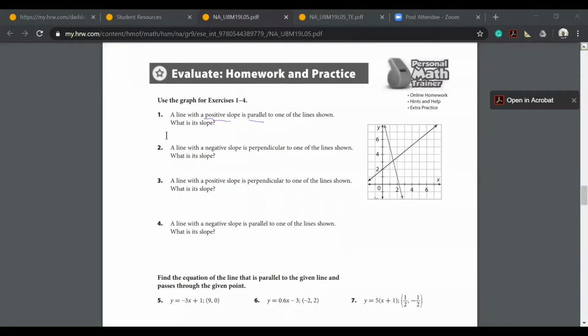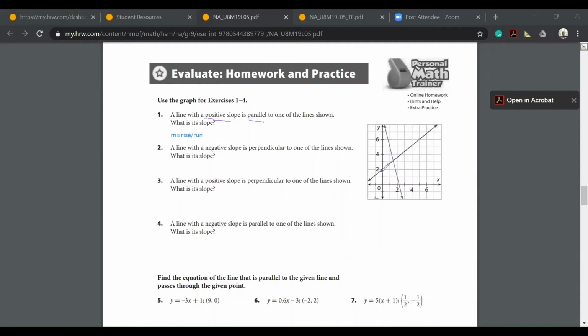So M will be equal to rise over run. Okay, first of all, I have to choose 2 points to begin counting the rise and run from. What about this point? It's a very, very easy point in here. And for example, this point in here. Always try to choose a point in the corner of the squares.